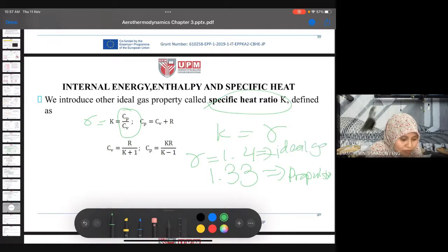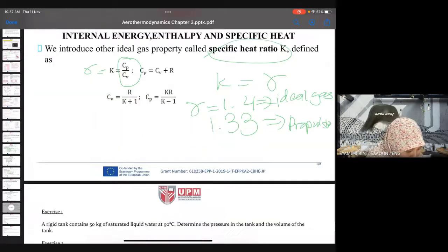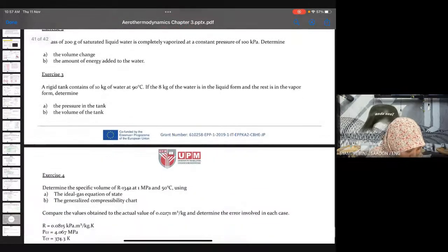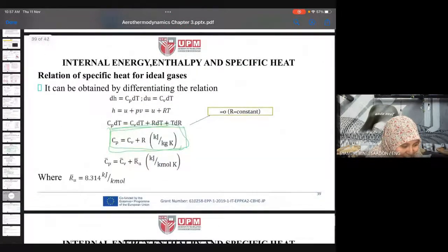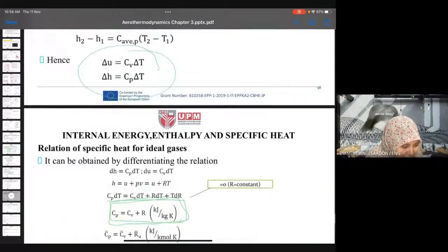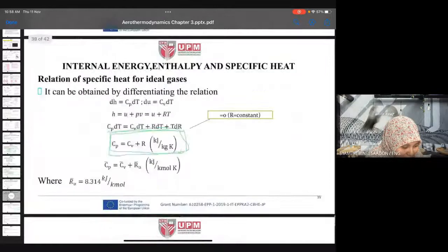All of these values, one day you will remember them, because we will use them a lot, especially for air and water. So gamma, specific heat ratio, or K, is the ratio of Cp over Cv. Okay, finish. So those are the definitions of this thermodynamics pure substance.